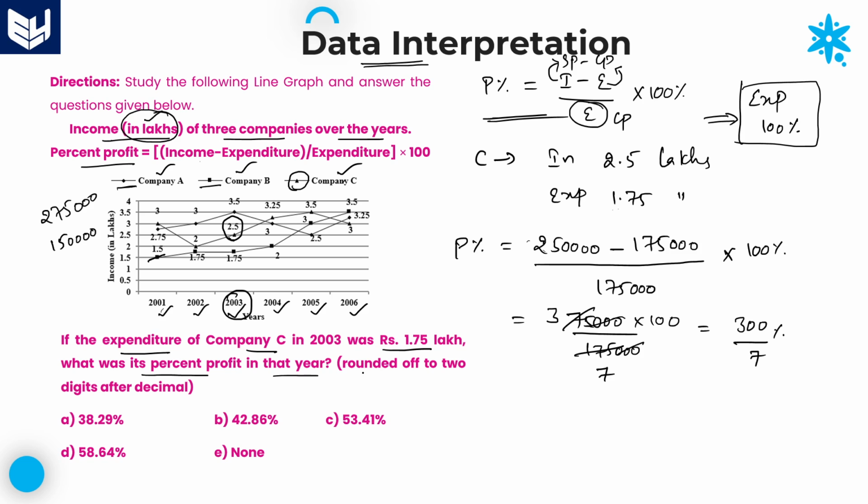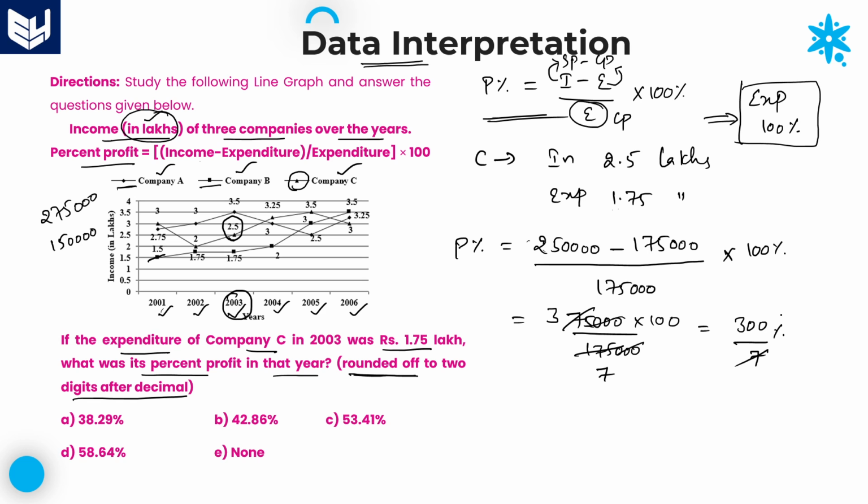Here in the brackets, there is one piece of information related to the exact value: rounded off to 2 digits after the decimal point. Here you need to calculate the value up to 2 digits after the decimal point.